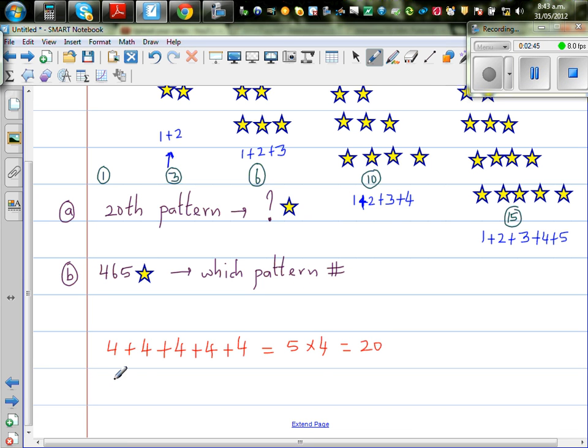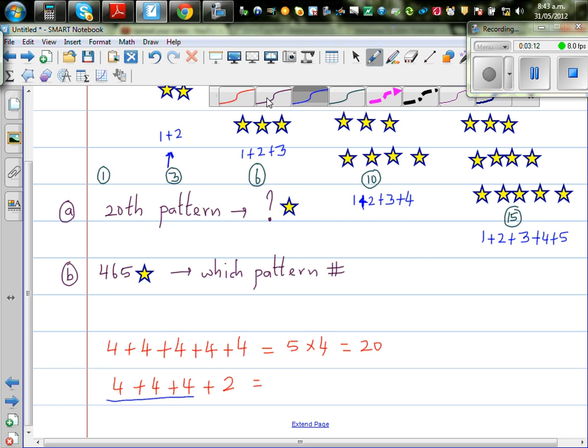But suppose it is 4 plus 4 plus 4 plus 2. Of course you know how to add this. 4 plus 4 is 8, plus 4 is 12, plus 2 is 14. But can we write this as a multiplication? You can see very clearly you've got 3 lots of 4, and can we write this 2 as part of a 4?